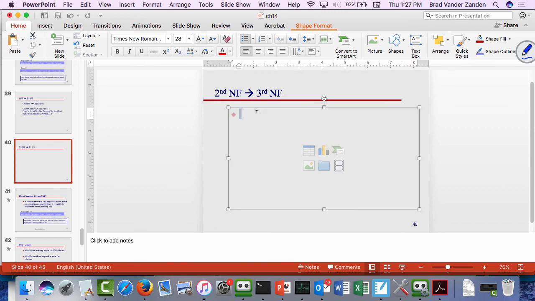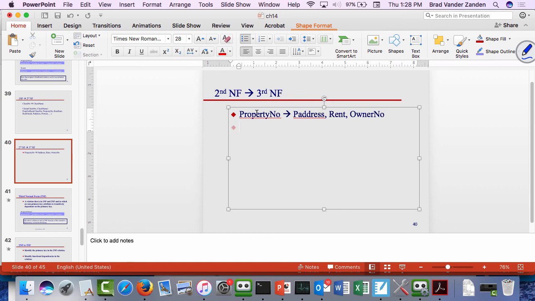I would have used the relations or the functional dependencies of property number determines property address and rent and what else? Thank you, owner number.